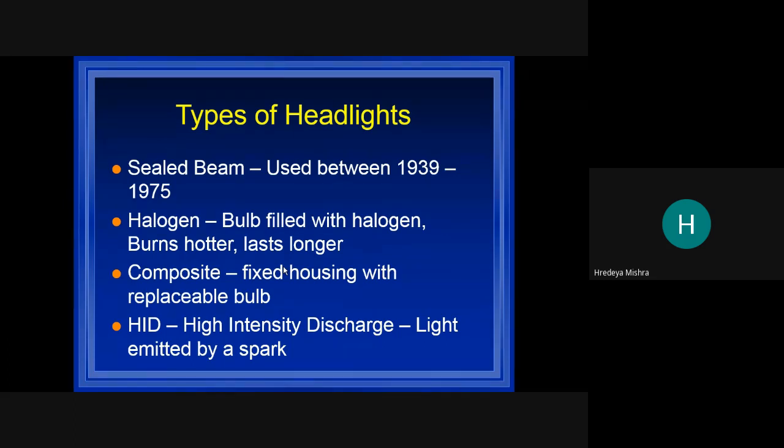Okay, so these HID, high intensity light bulbs, mean that a small light is combined in an area of the bulb, and these lights can continuously blink, emitting the spark. Then that is the high intensity discharge.